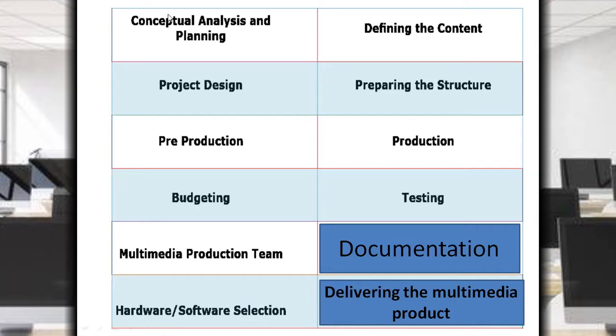Step number 1, conceptual analysis and planning. 2, project design. 3, pre-production. 4, budgeting. 5, multimedia production team. 6, hardware, software selection. 7, defining the content. 8, preparing the structure. 9, production. 10, testing. 11, documentation. 12, delivering the multimedia product.